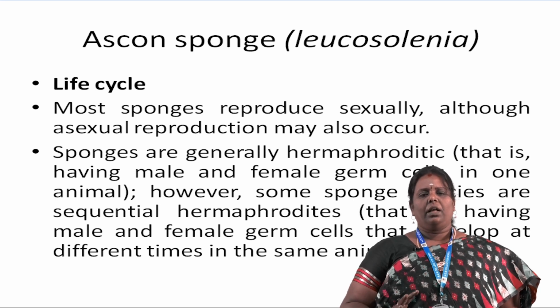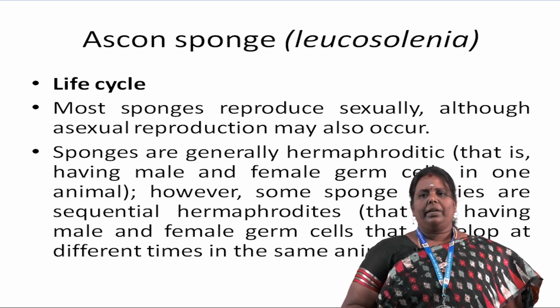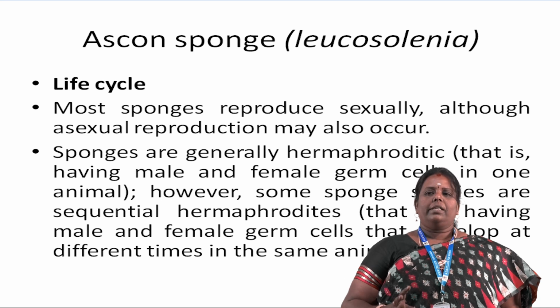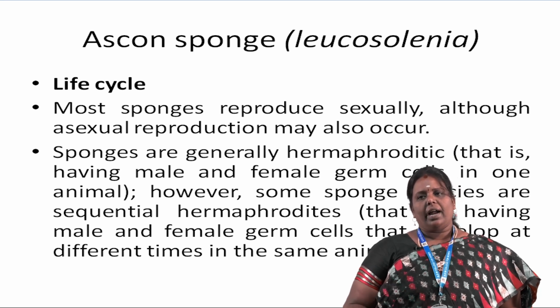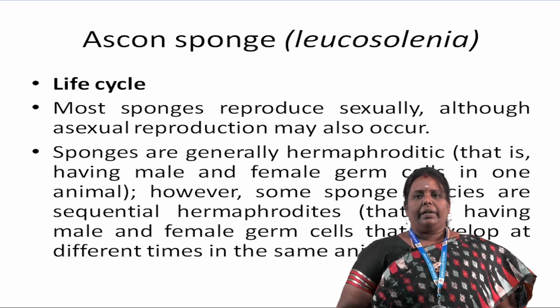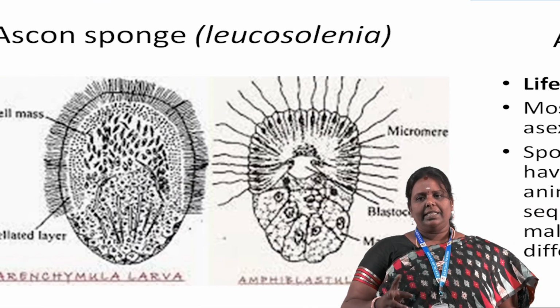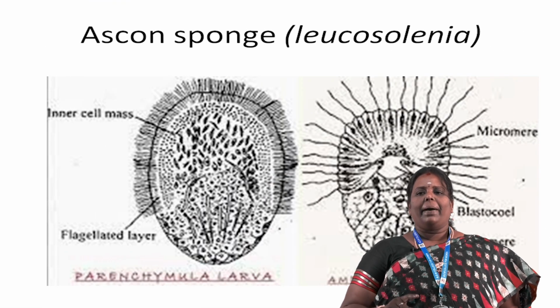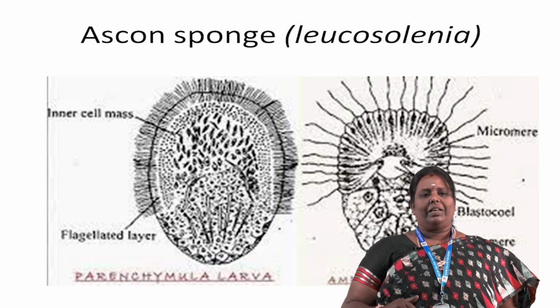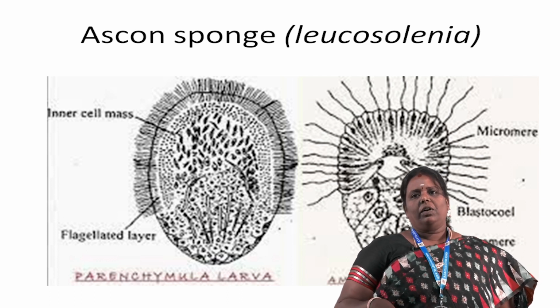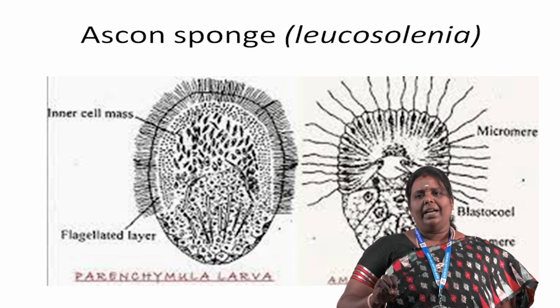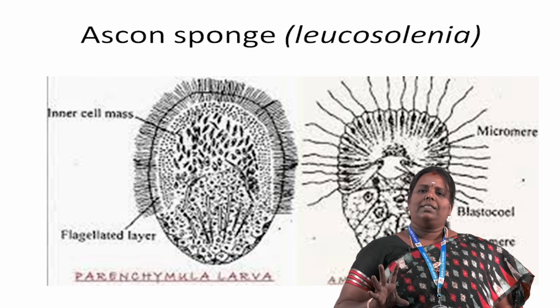Next, life cycle. There is sexual reproduction and asexual reproduction. They form germ cells and develop into new animals, different from the mother animals. Next, this is the external structure of the parenchymula larva and the amphiblastula larva. The parenchymula larva also contains an inner cell mass. Why is the inner cell mass contained?